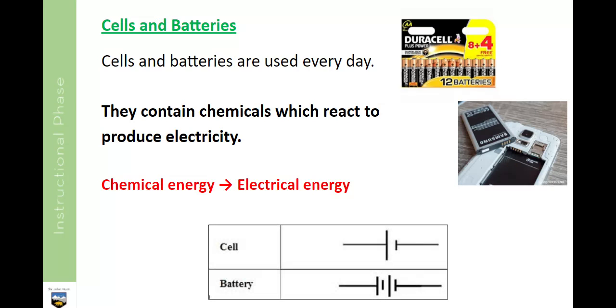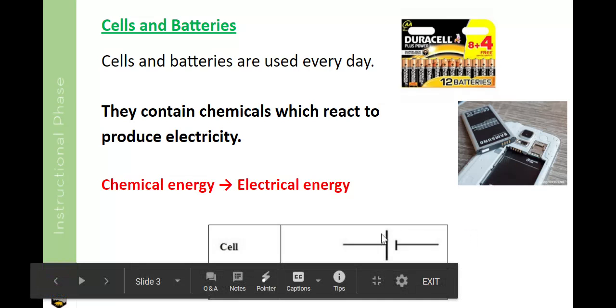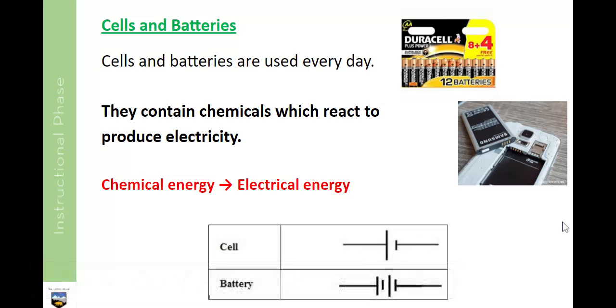Now, in physics, you should remember the symbol for a cell is this single one here. And if we are drawing a battery, we draw more than two of those cells together. So look at the diagrams, you can see a cell is one of those singular components on their own. A battery is two or more.